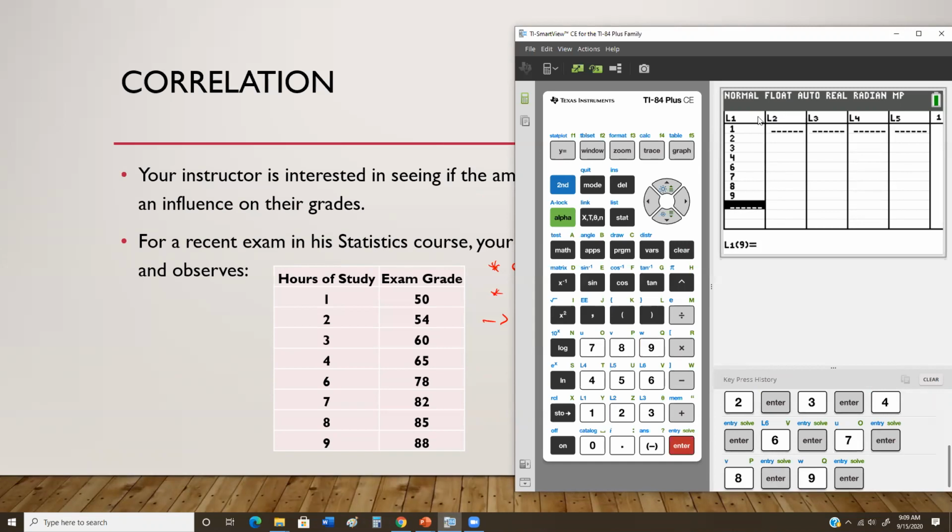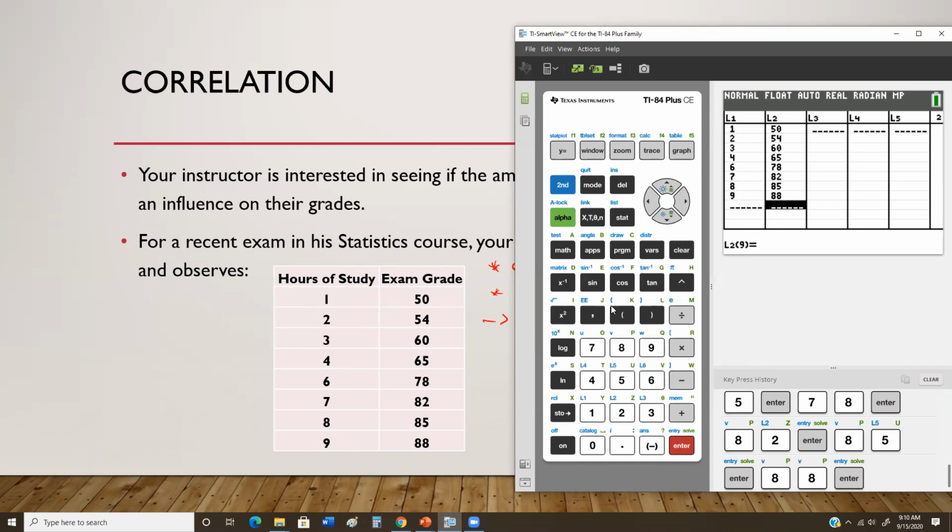And then L2 gets the corresponding exam scores, and they have to be right next to each other. So 50, 54, 60, 65, 78, 82, then 85, then 88. Okay.